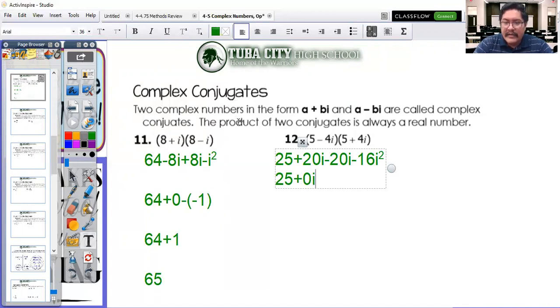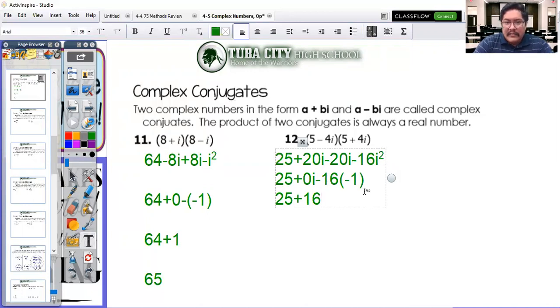And we run into the same thing: we got 0i. And I'm going to go ahead and put in -1 substituted for i squared. So there you go. Now that changes to -16 times -1. And I'm going to ignore that 0, so we don't need that 0 anymore.